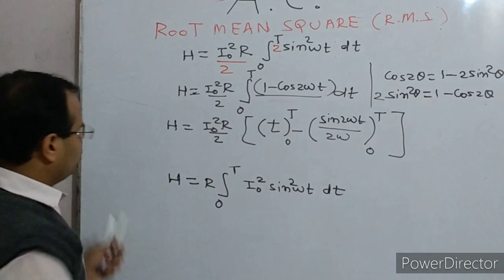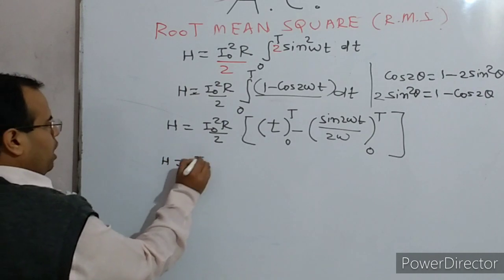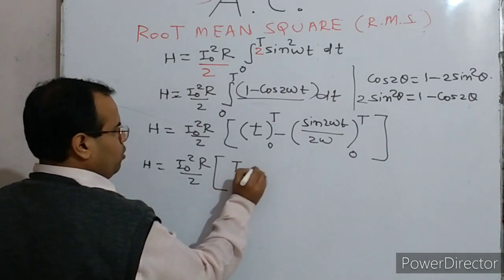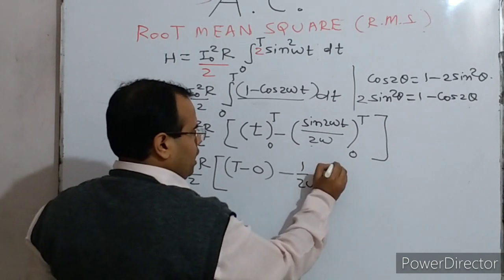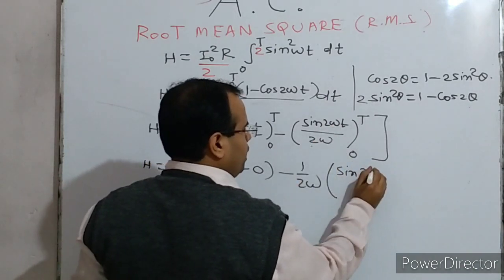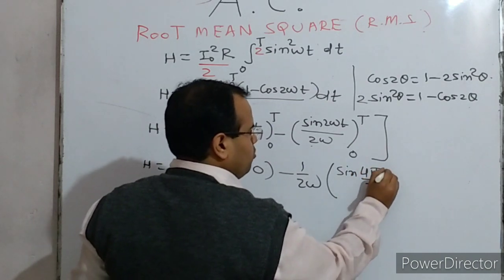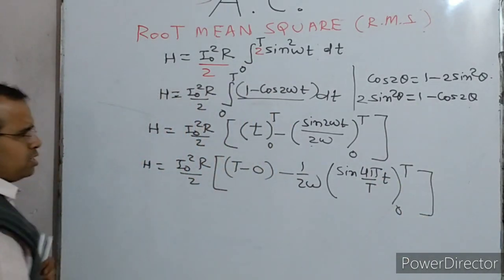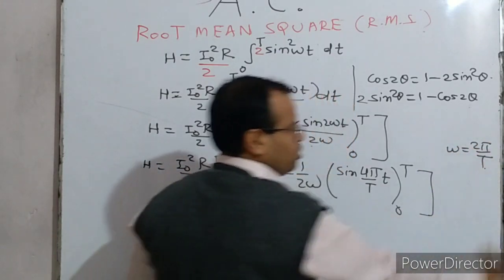Now H is equal to I naught square R by 2, upper limit capital T, lower limit 0, minus 1 upon 2 omega because that is constant, and here you can write sine 2, in place of omega 2 pi by capital T, so that will be 4 pi by capital T multiplied by small t, and limit is 0 to capital T. Is it clear to you? Omega is 2 pi by capital T, so that's what we wrote.